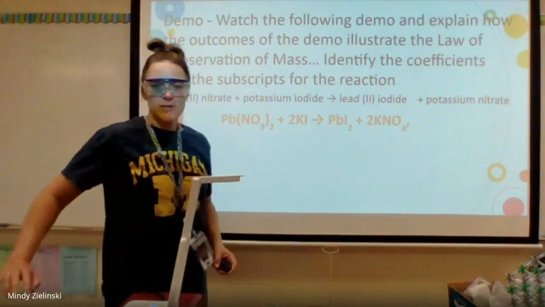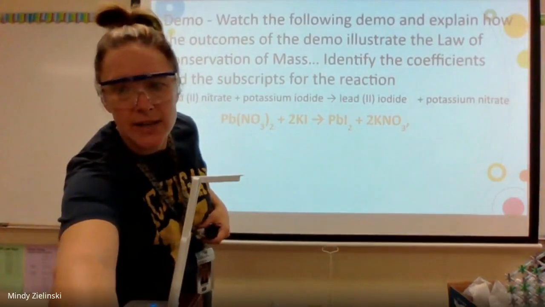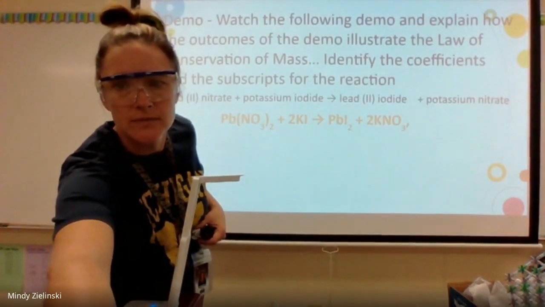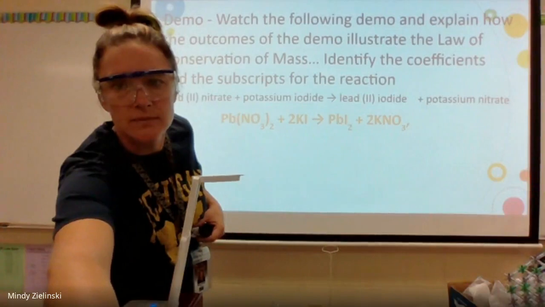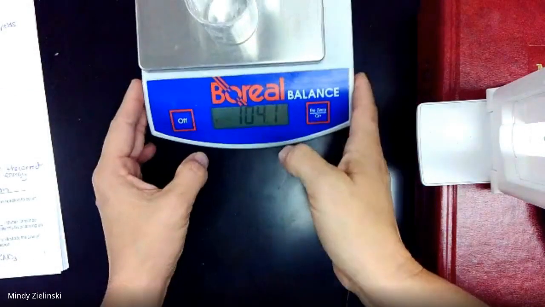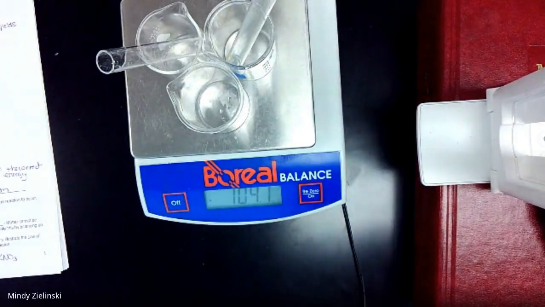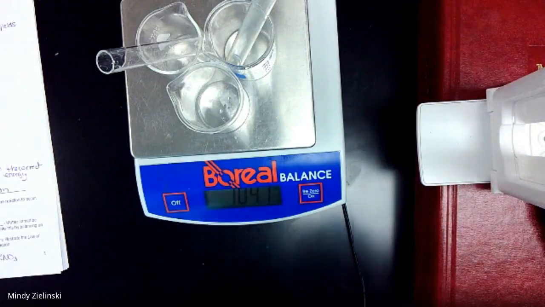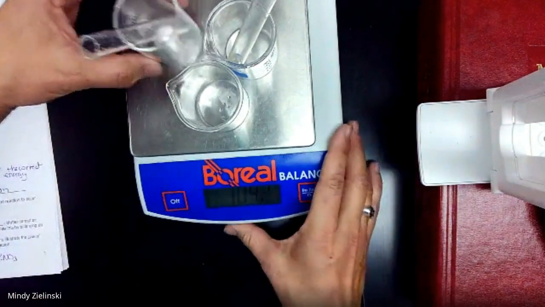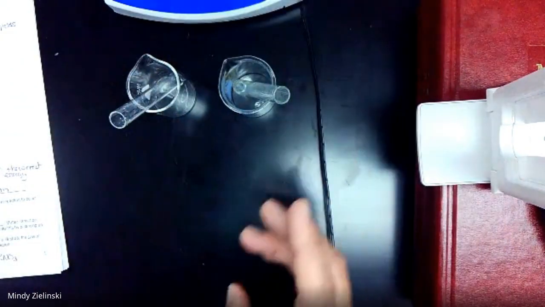All right, so I'm going to switch my camera and let you see what I've got here on the table. I've got a balance in front of me, and right now I've got nothing in the beakers. I'm going to take some lead nitrate, and I'm also going to take some potassium iodide.